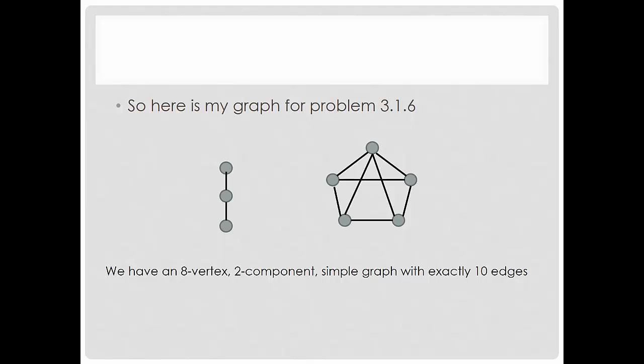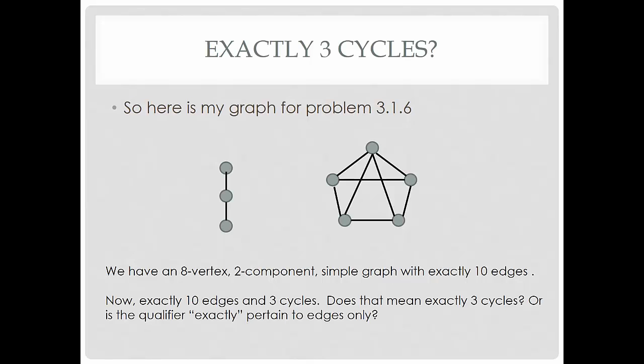And I want to know if I have drawn the graph required by the author. He said an 8 vertex, 2 component, simple graph with exactly 10 edges. So far, so good. But what about the cycles? It actually said exactly 10 edges and 3 cycles. Does that mean exactly 10 edges and 3 cycles have to be in there?